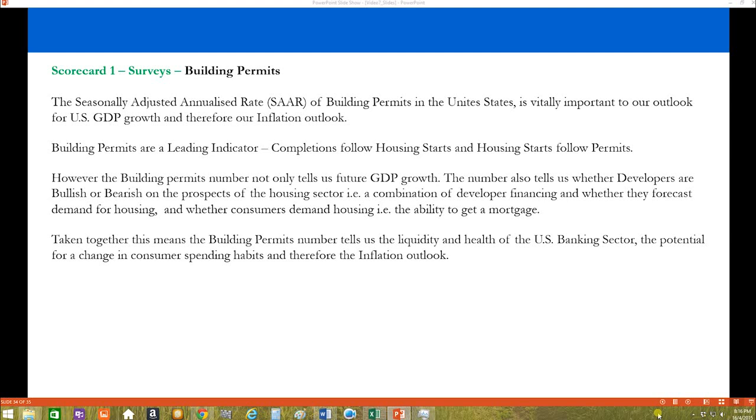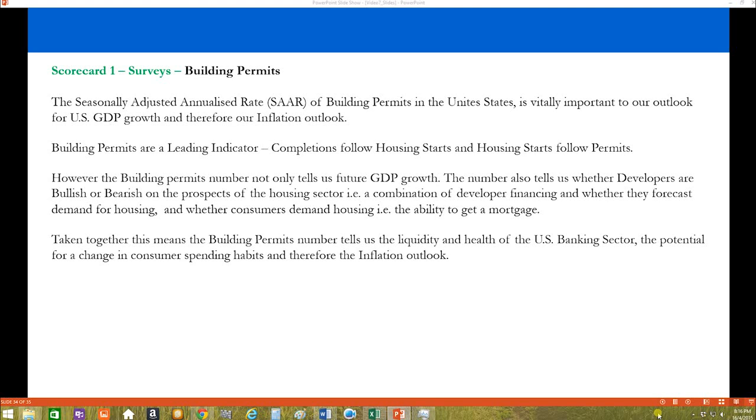And it's useful in a number of ways because it's telling us the future levels of activity in the housing sector. And the housing sector is obviously a big driver of overall GDP growth, employment, and inflation in the United States. And it's vitally important to our outlook for GDP growth and inflation and even jobs.